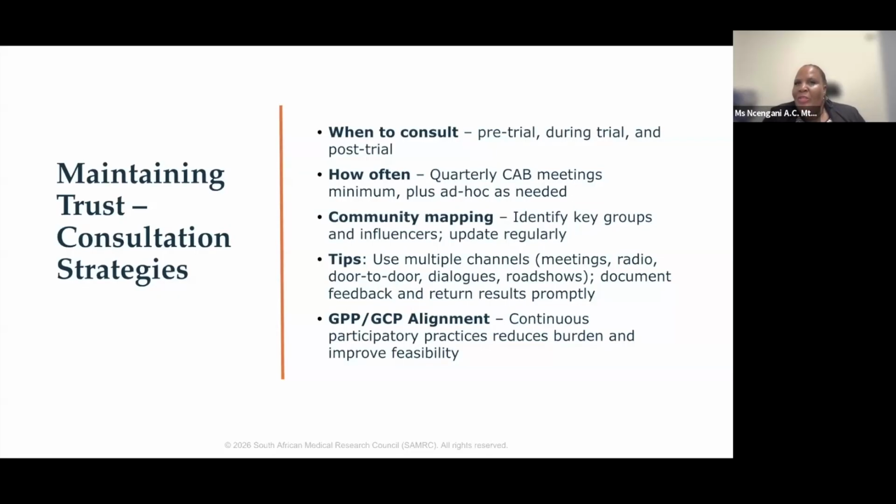So we attend community meetings, and we engage with the radio to share our studies, or maybe if we aim to spread the word about the work that we are doing. The community team will always go door to door to show that they are with the communities, as well as conducting community dialogues. What is important is that every work that we do is documented in order to ensure that we are able to go back to the communities and give back about what we found. Yes, so we can move to the next slide.